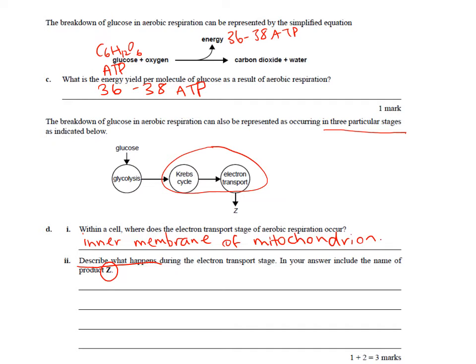Okay, now there's 2 options that this could be. One is water. Water is produced in that. The other is ATP. Okay, so either of those would be sufficient. So you need to specifically name what that is, and you need to describe what happens in this stage.